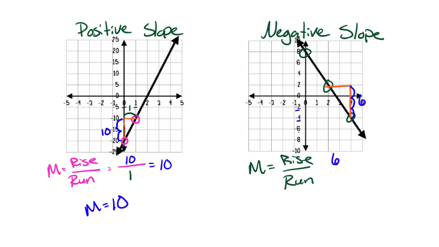So rise is 6 over run. Right here, go 0, 1, 2. So 6 over 2. But I know that is negative because just by looking at my line, it's going to be negative. 2 goes into 6 how many times? I can simplify that. Equals negative 3. So my slope for this graph is negative 3.